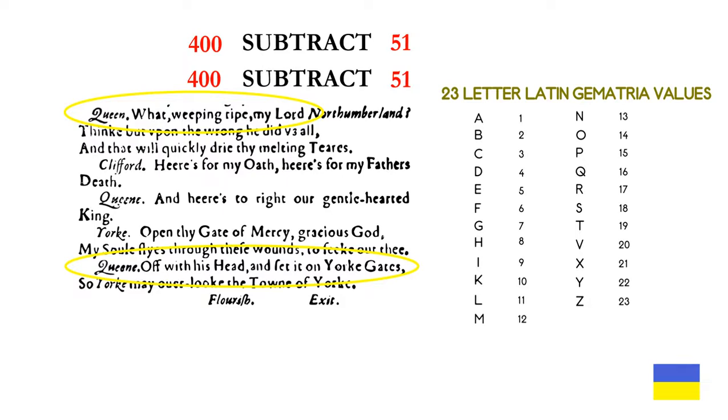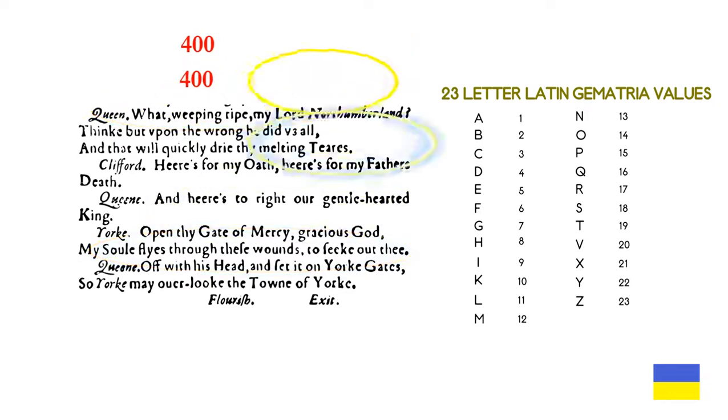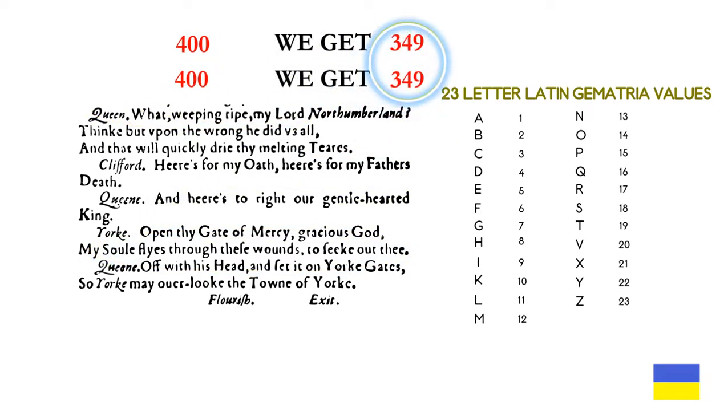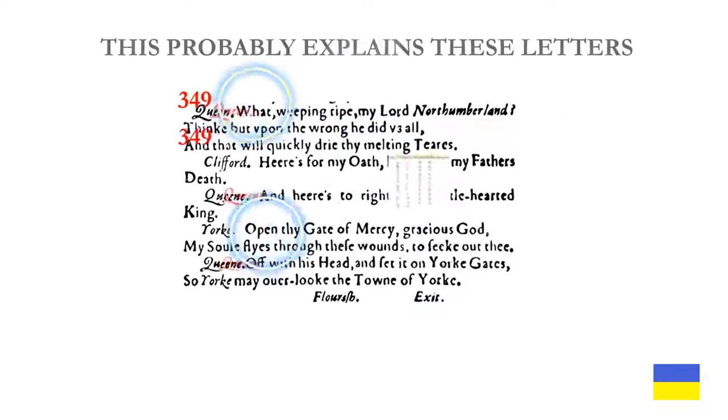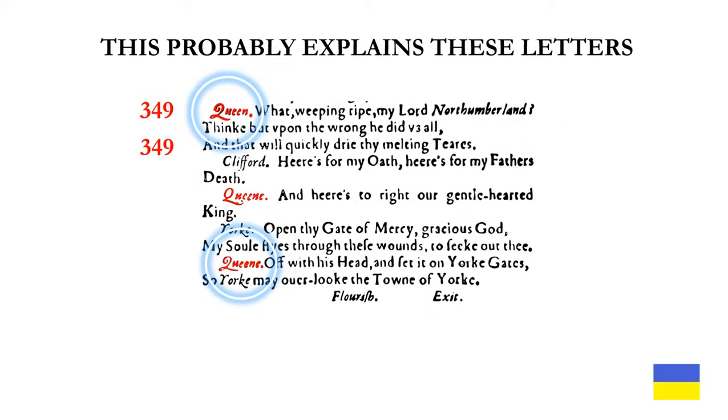So 400 subtract 51, we get 349. This equation probably explains why these letters changed.